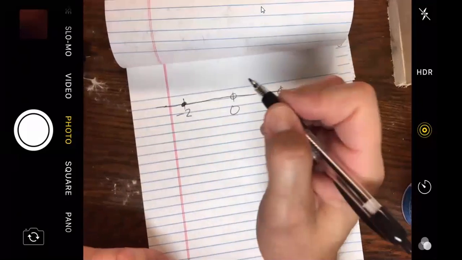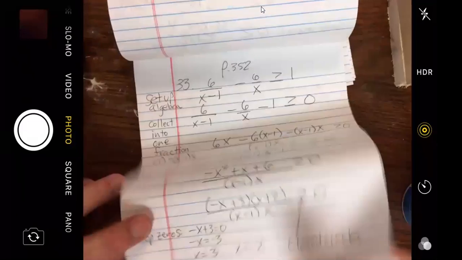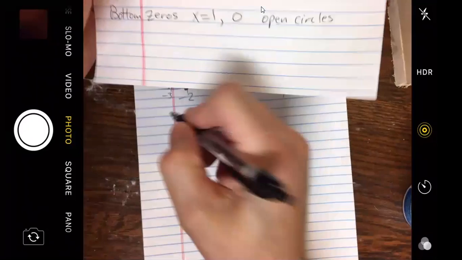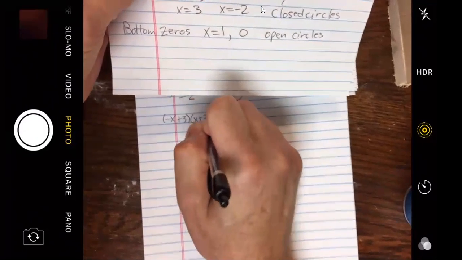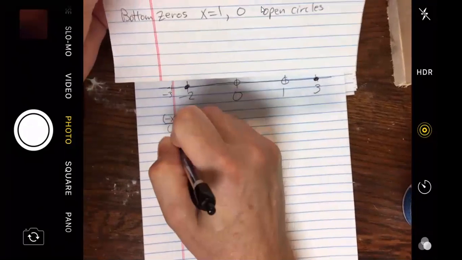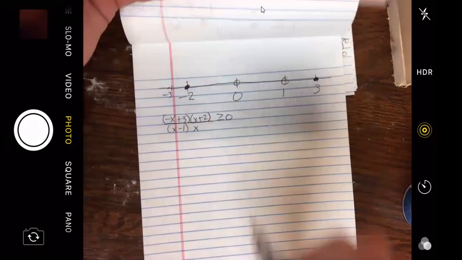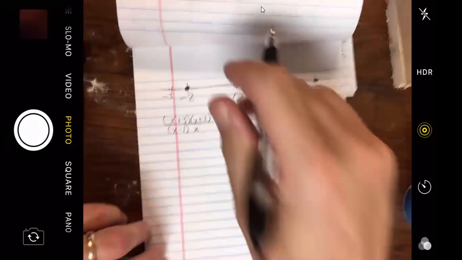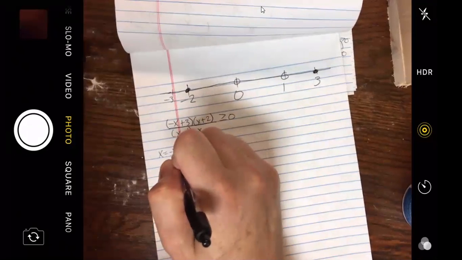It's just a bit of a pain to check through this. Negative 3. We're checking in negative x add 3, x add 2, over x minus 1 and x. We want it greater than or equal to 0. So x equals negative 3.